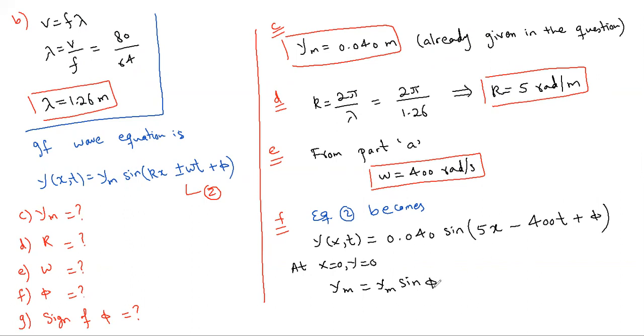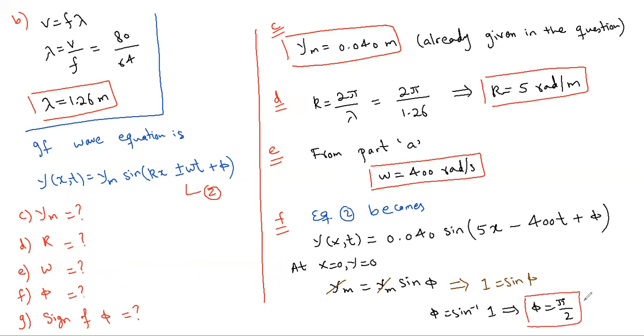So this will just be sine of phi, and it cancels out with y sub m. 1 is equal to sine phi. So phi is equal to sine inverse 1, which is pi by 2. This is how you can calculate phi.